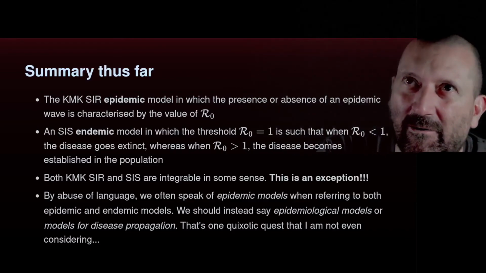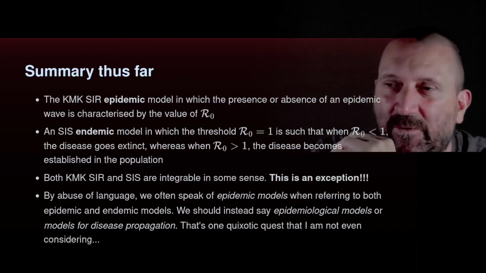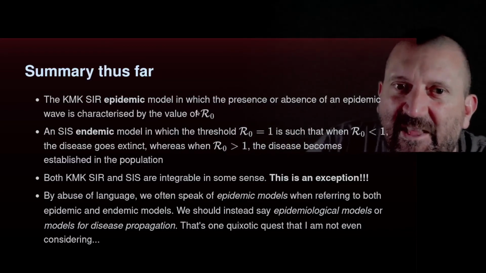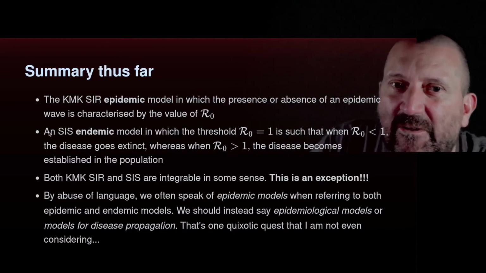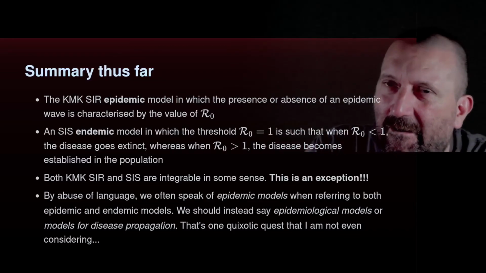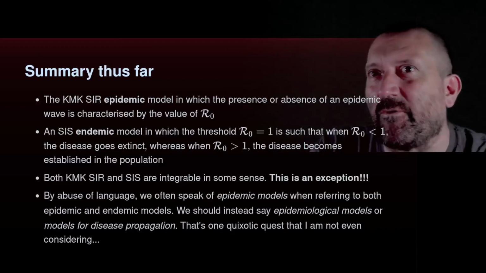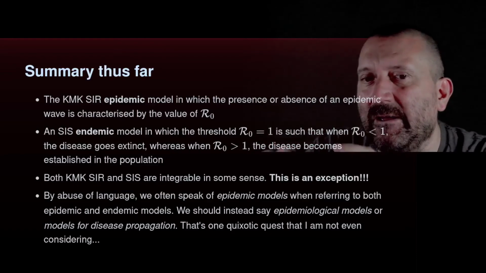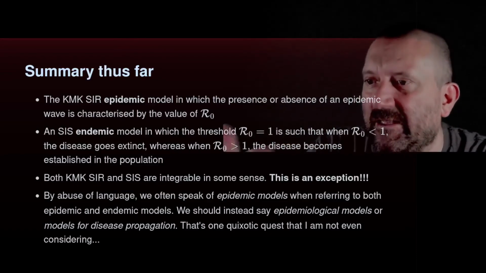Or we had a decrease of the number of infectious throughout the course, and that was when R0 was less than 1. We then looked at an SIS epidemic model in which the threshold this time separated the disease going extinct from a disease becoming established in the population, i.e. endemic.